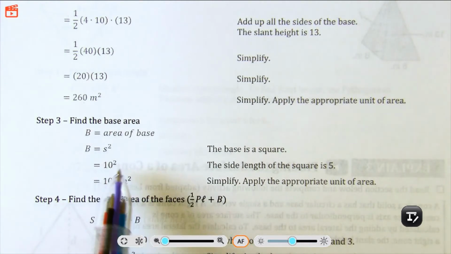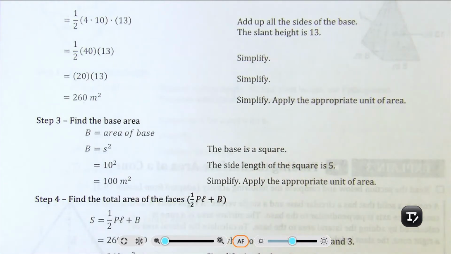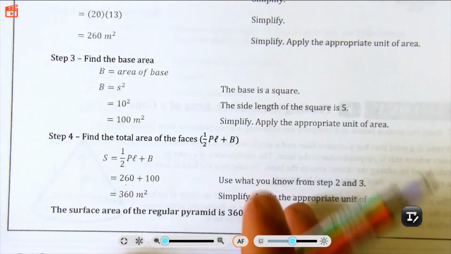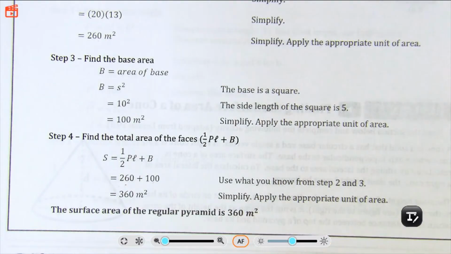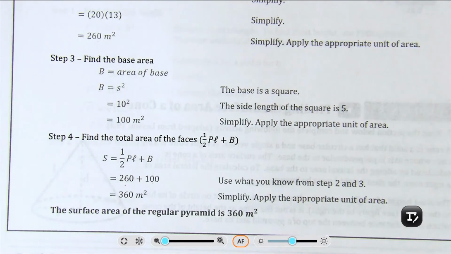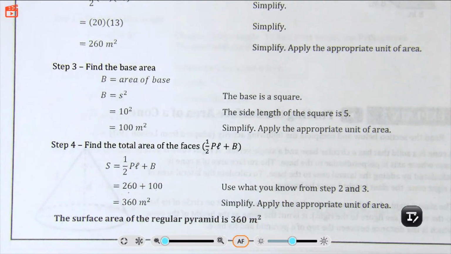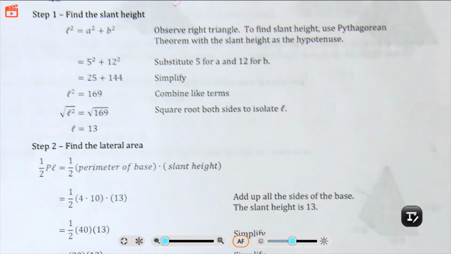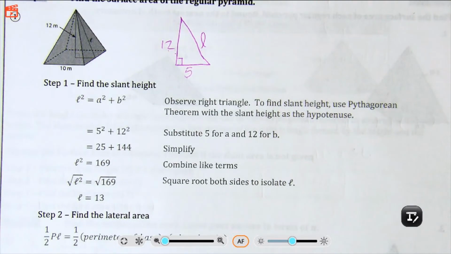So now you add up the lateral area, 260, plus the base: 260 plus 100 is 360. So steps 2, 3, and 4 are very similar. The only different thing that we did was step 1, which is using the Pythagorean theorem to find a missing side.